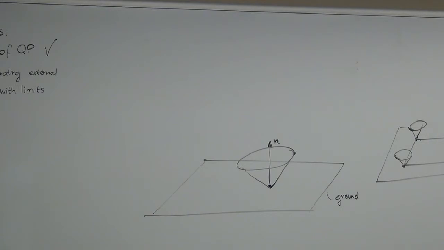Now, one way to come up with constraints on those forces is to construct them from basis vectors that lie in the friction cone. Instead of using a cone, we're going to approximate that cone with a bunch of basis vectors that for this discussion are just going to have unit length.